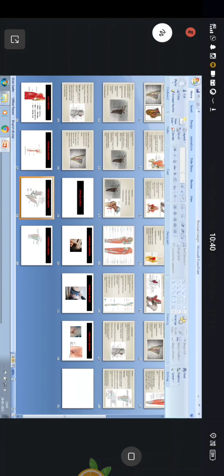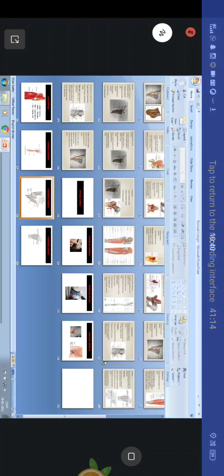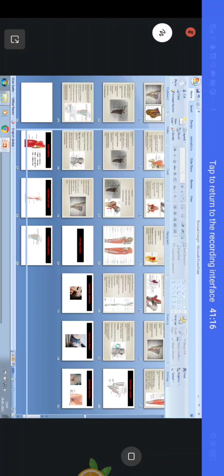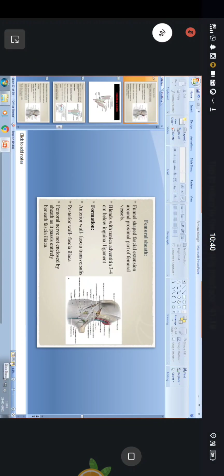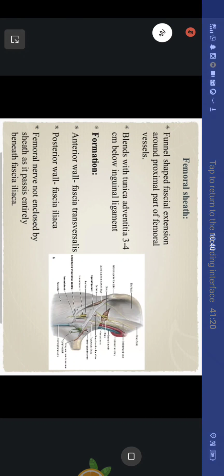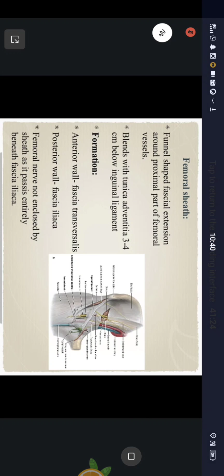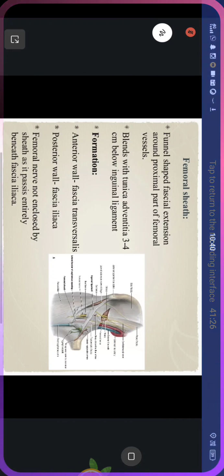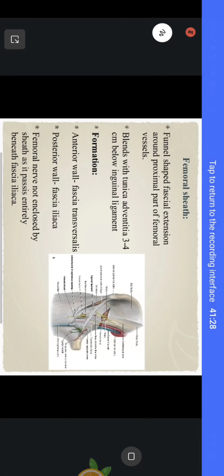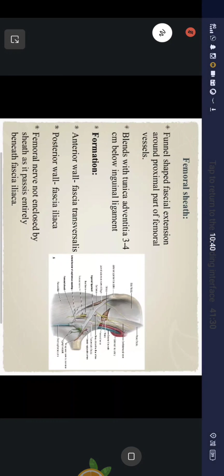So now we are talking about this femoral sheath. I'll show you this diagram also. The anterior wall of this femoral sheath is formed by fascia transversalis and the posterior wall is formed by fascia iliaca.